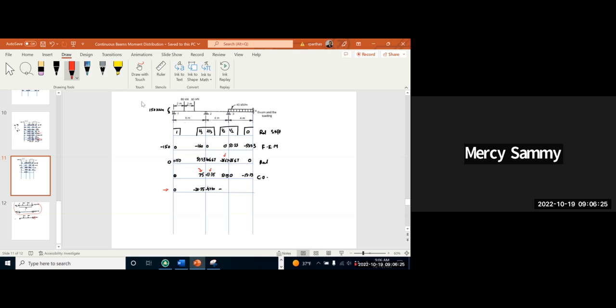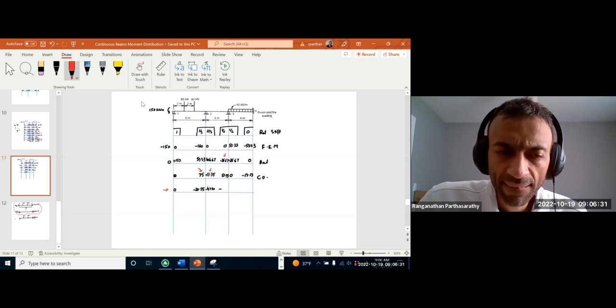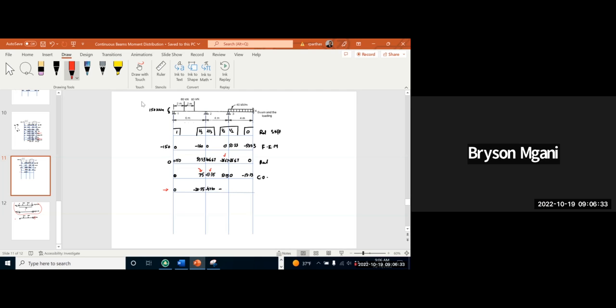Okay. So balance with 75. I'm sorry? You put negative so as to balance with this 75? So when he was doing 75 minus 13.35, he got positive 61. So he's doing the next step negative to balance with the 61.